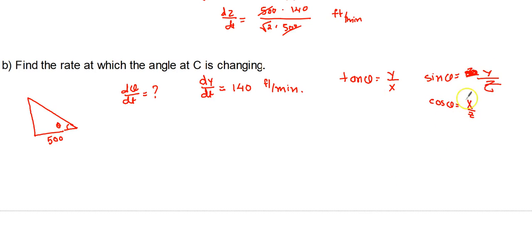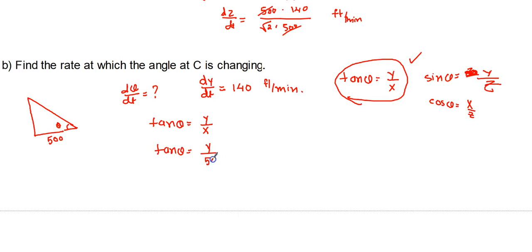But we don't want to use dz/dt. So remember, x is fixed. So this is our most helpful equation to solve for angle theta. Let's use this. Tangent theta is equal to y over x. Substitute x as 500. So I can write tangent theta is y over 500.